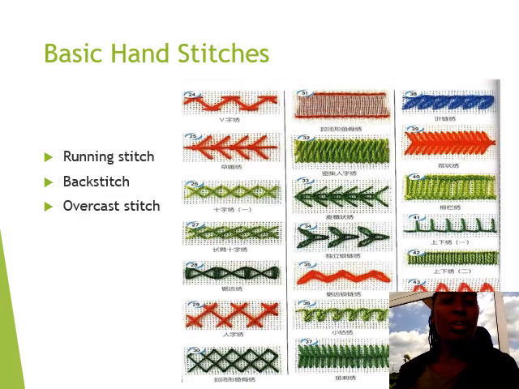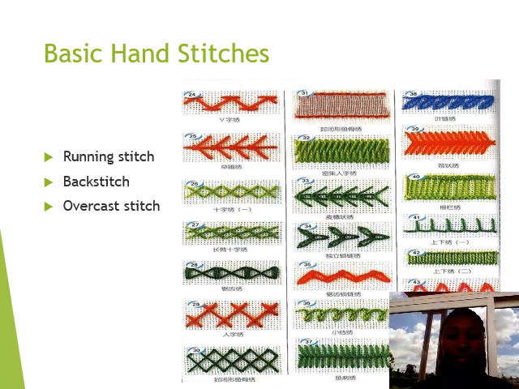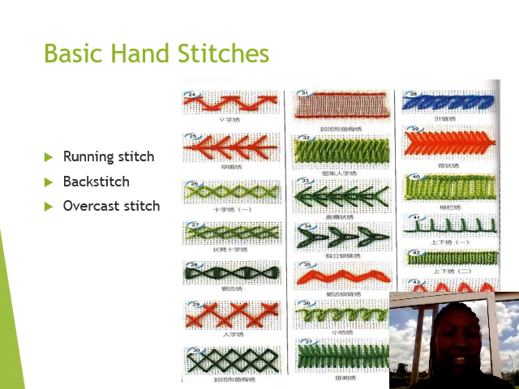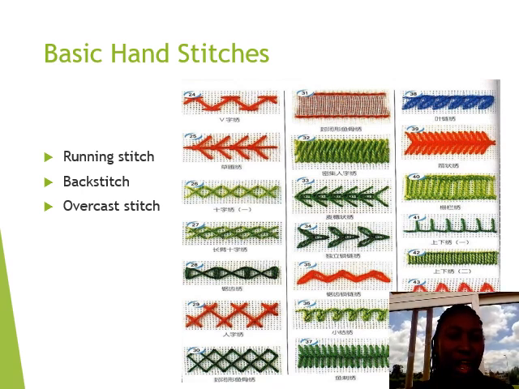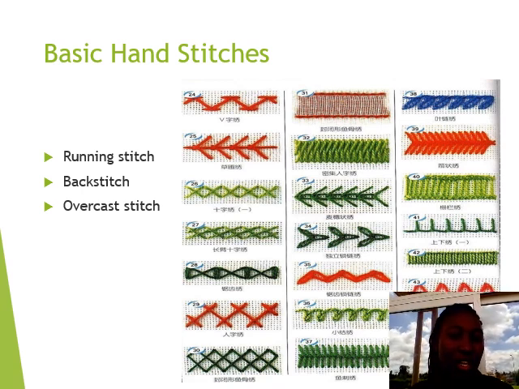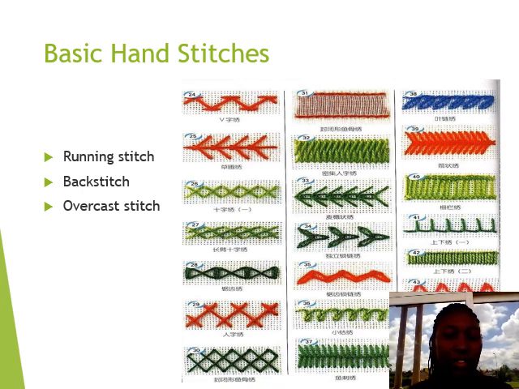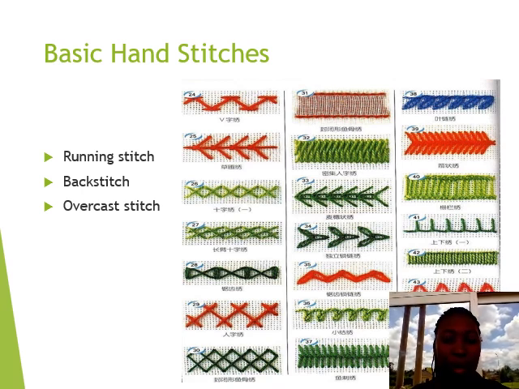Now we have another category of stitches, which are hand stitches. Examples are a running stitch, a back stitch, and an overcasting stitch. These hand stitches are permanent stitches.